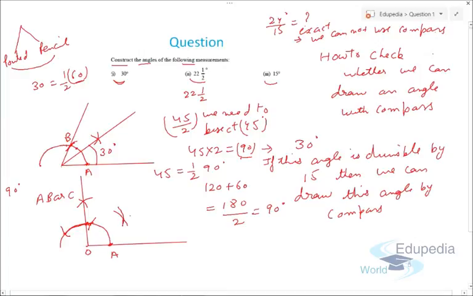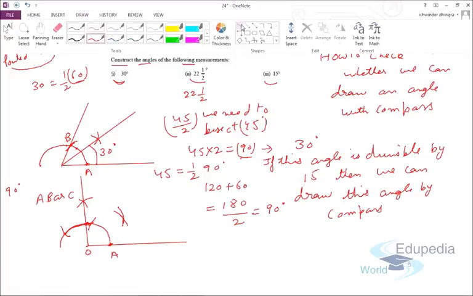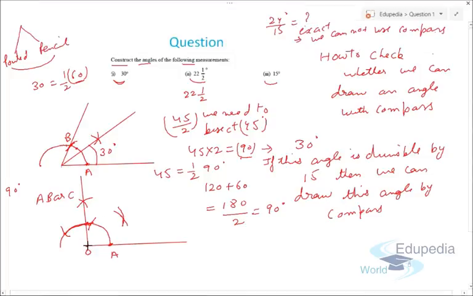Let's say this becomes a point of intersection, right? Then we pass a line from this point. This is 45-degree now. Now we need to bisect 45-degree again, which gives 22.5 degree.